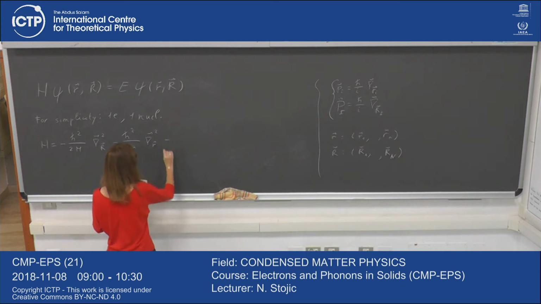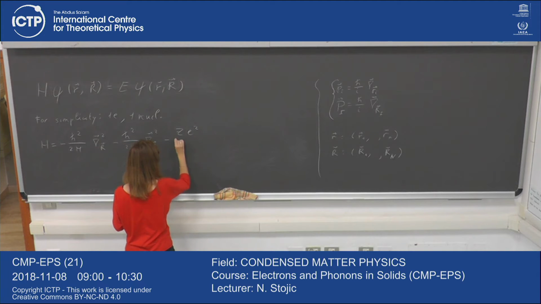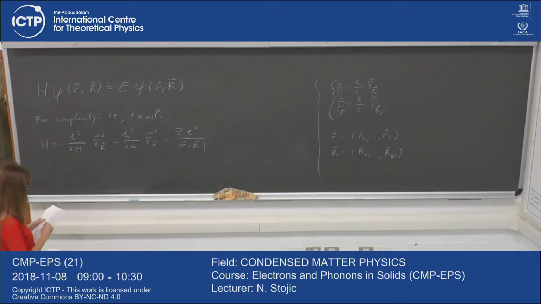And then one has the electron-nucleus interaction, Z squared over r minus capital R. So this is the simplification in the case of one electron and one nucleus, the full Hamiltonian.